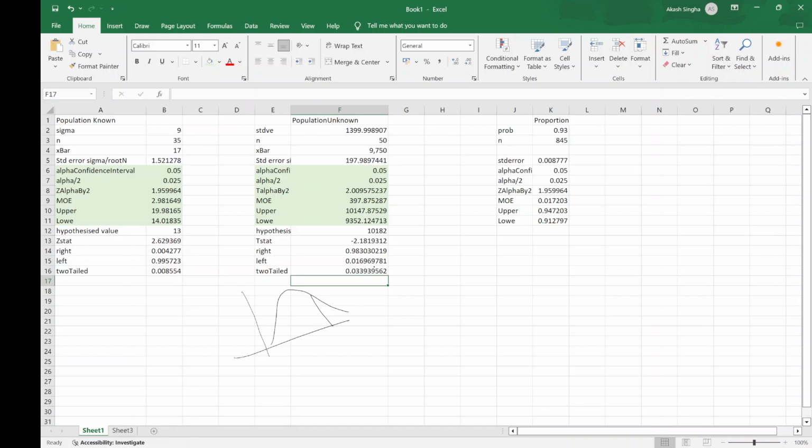Right hand is this much, right tail probability, and left tail is this much. So to calculate the T, we have to take mirror. If we mirror this part here and add the both, we will get two tailed. But in scenarios where the values are like this, we cannot mirror the whole thing. We can mirror this part. So then we had to mirror this part and then calculate.